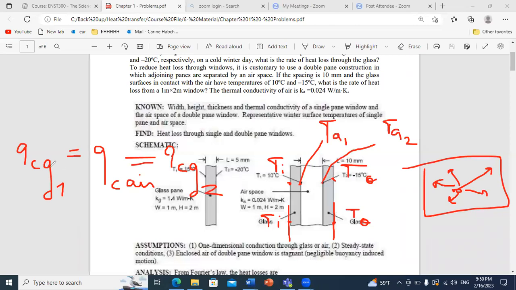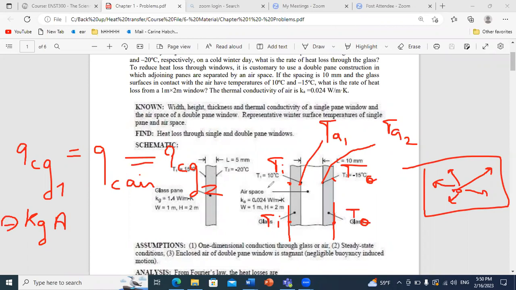First, if I express the conduction flux in my first layer, I can write it's minus K glass times area. If you don't want to put the minus, you know that heat will always flow from highest temperature to lowest temperature.